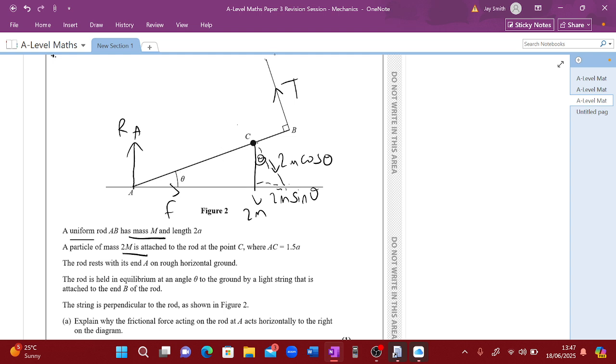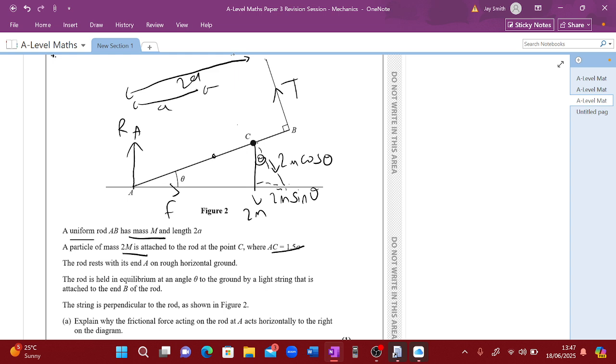But the middle, where the whole length of AB is 2a, so I'm going to draw it here. Oh, it's a bit off the screen. The whole length is 2a. And we also know AC is 1.5a.